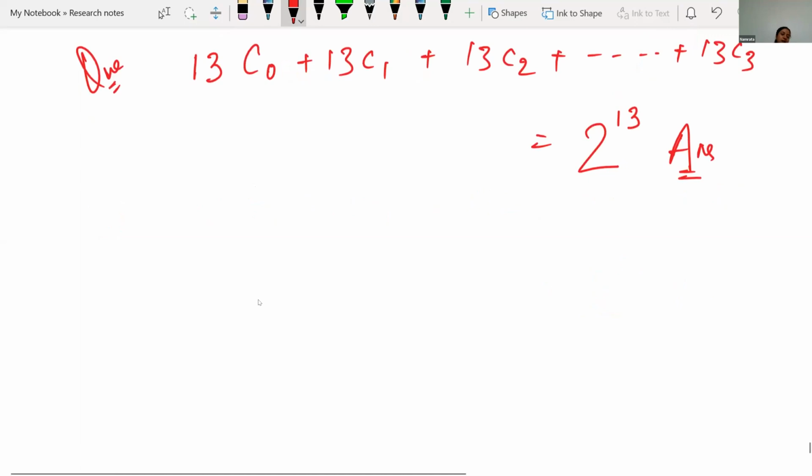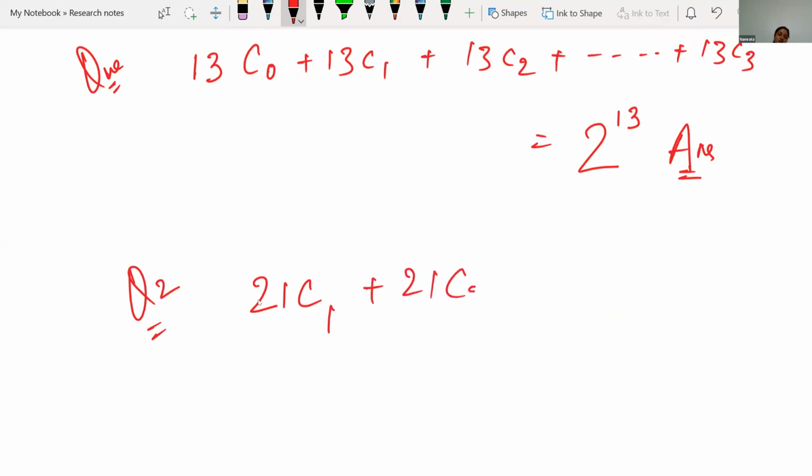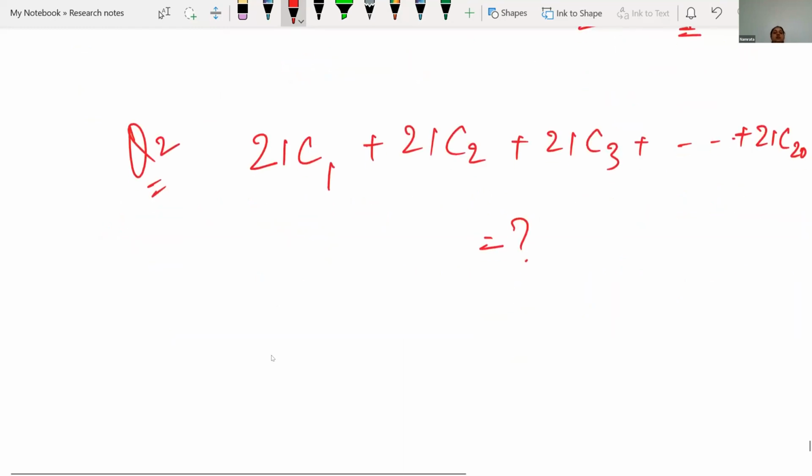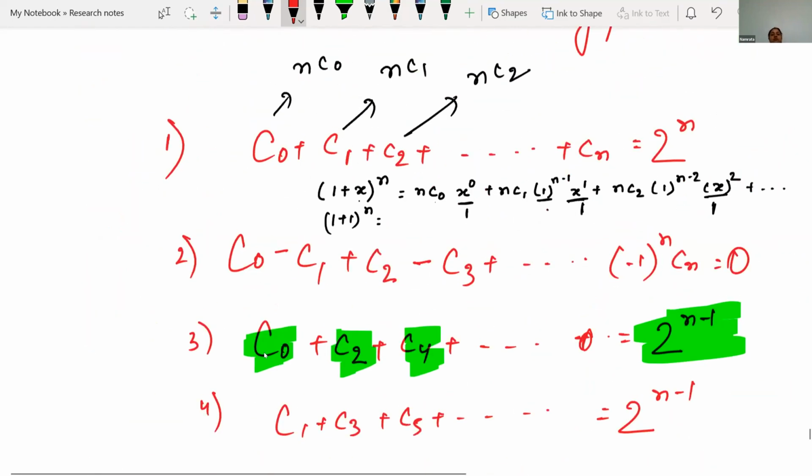Now, ma'am, if the next question is 21C1 plus 21C2 plus 21C3 up to 21C20 is equal to what? So here we see 1 is there, 2 is there, 3 is there, 20 is there, everything is there. Is it property number 2, 3, or 4, which one?